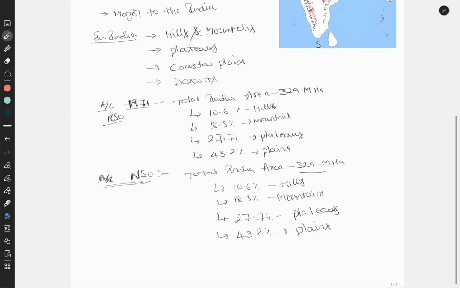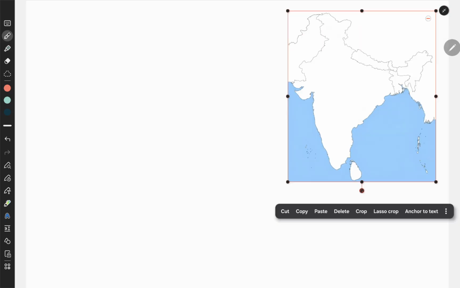Coming to the next topic, now coming to the main Indian land. Till now we discussed the India external boundaries. Now coming to the main topographical features within India. What are the main topographical features within India?